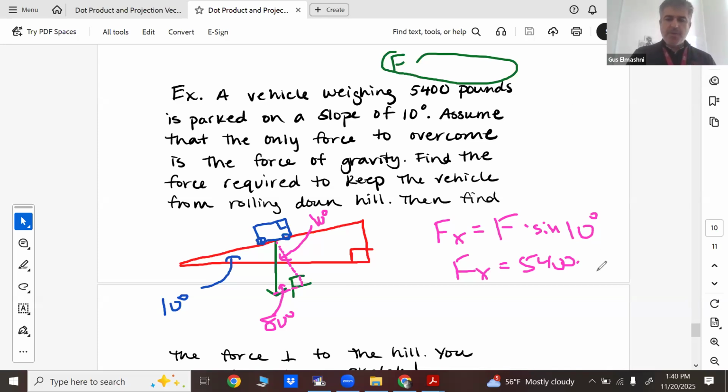What do you guys get for your horizontal force then? 937. Correct. Wait, how do we distinguish pounds being a force versus pounds being a mass? We always consider it to be a force. If I asked about the mass of an object, it would be measured in kilograms, but I'm not going to do that because we're not a physics class.